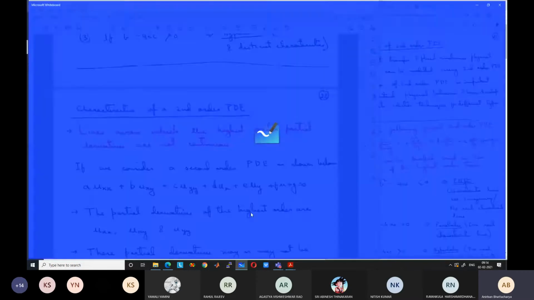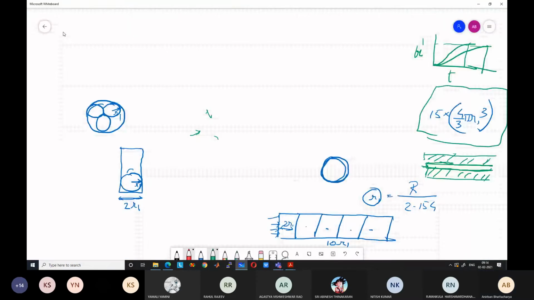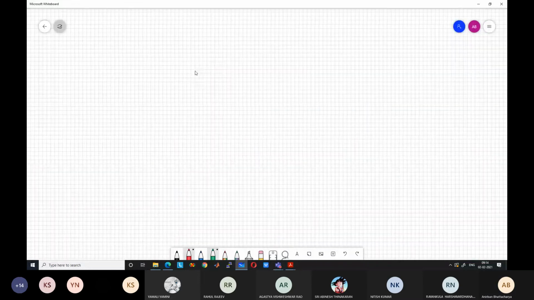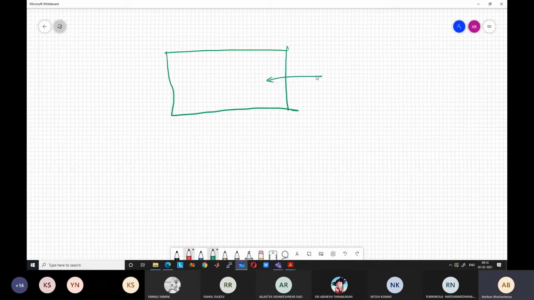Okay. So say you have a domain which is like this. This is our problem domain. Okay. CFD domain. So within this domain, some variable u is defined.